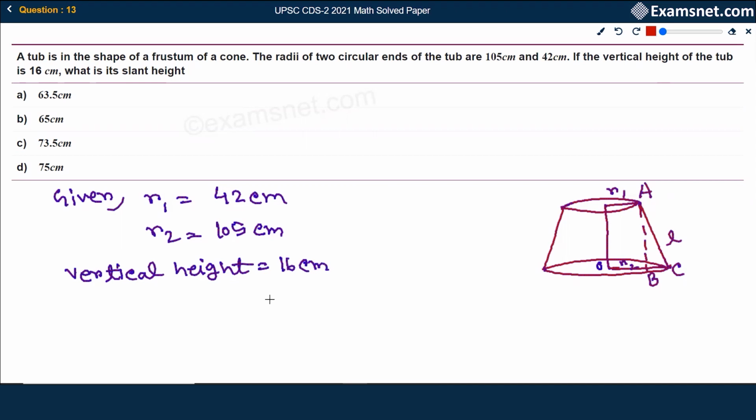We are required to find the slant side. Let's say L is the length of the slant side.